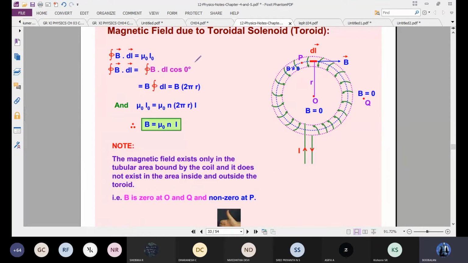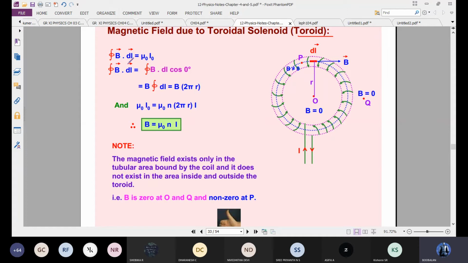Okay. So next one, the magnetic field due to a toroid. We'll complete the derivation after we discuss the definition.